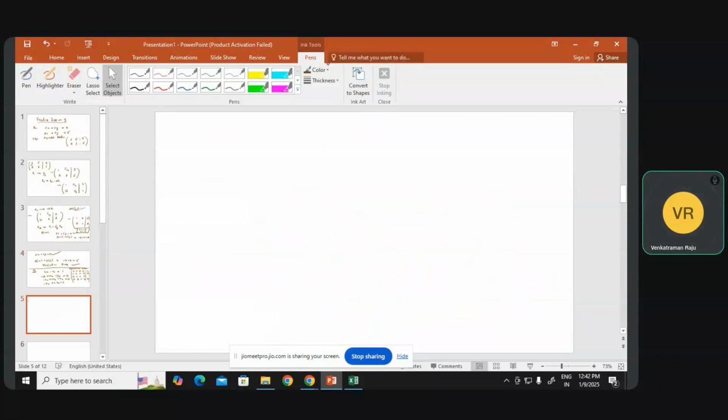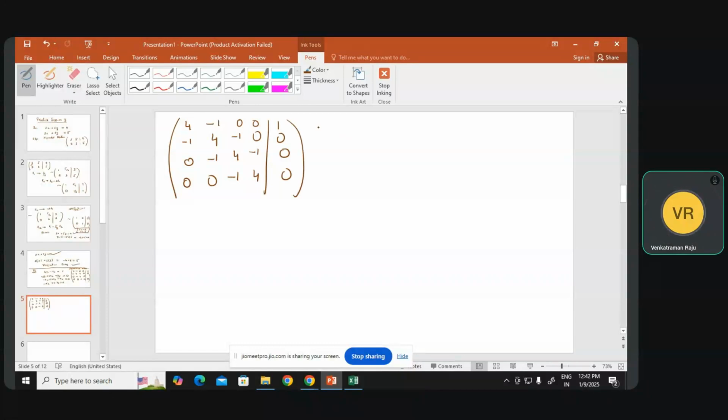Now I'll take this augmented matrix and let me write it once again. 4, minus 1, 0, 0; minus 1, 4, minus 1, 0, 0; 0, minus 1, 4, minus 1, 0; 0, 0, minus 1, 4, 0.